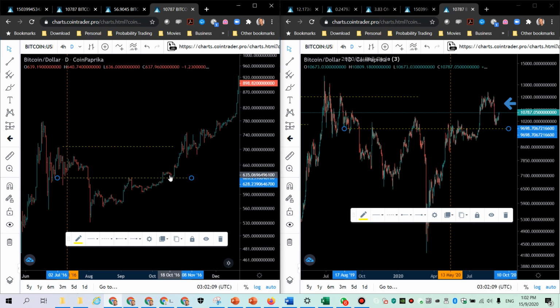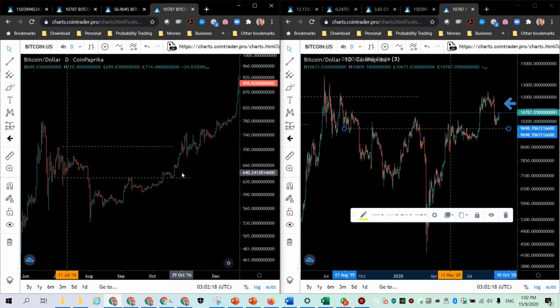You might say, well, it could be this one pushing up. That may be true as well. So if that's the case, if we think the fractal is on this one, then it's definitely pushing up. Now, if we think that the current fractal here is doing this one, then there is a correction coming up.